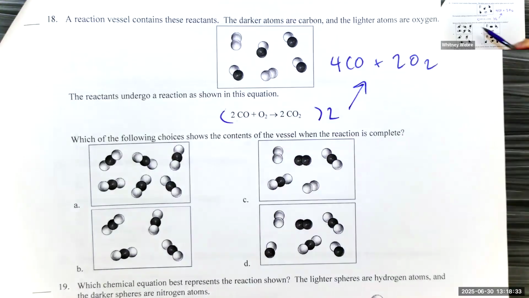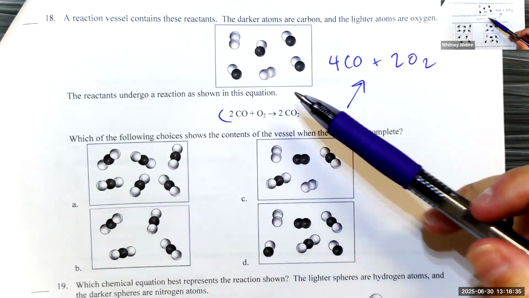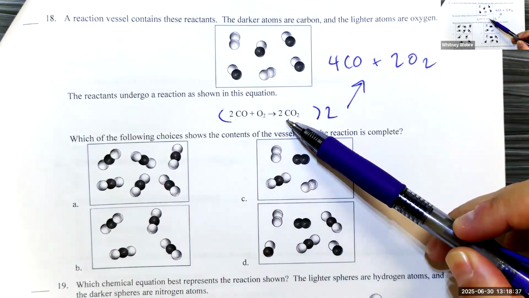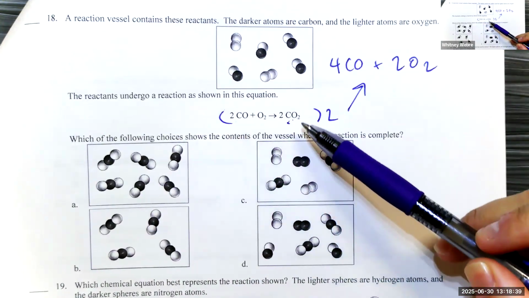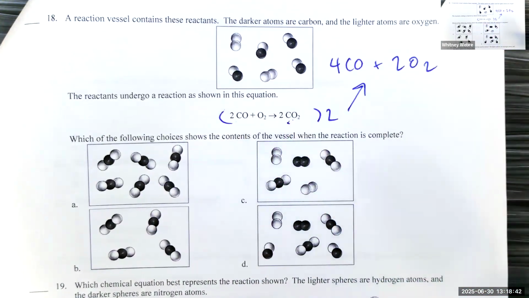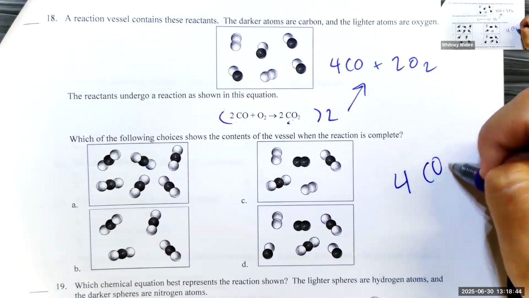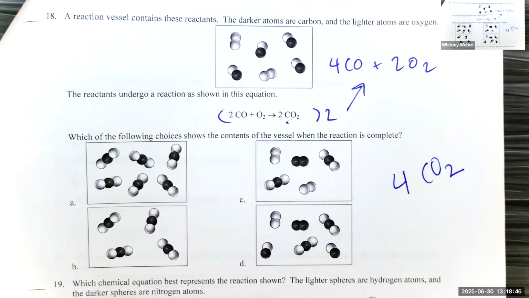So I would hope that whatever answer option is here is going to be 4 CO2, because if I double these two, I have to also double this one. So I'm looking for 4 CO2. What do you think represents 4 CO2? B? Yeah, B looks right.